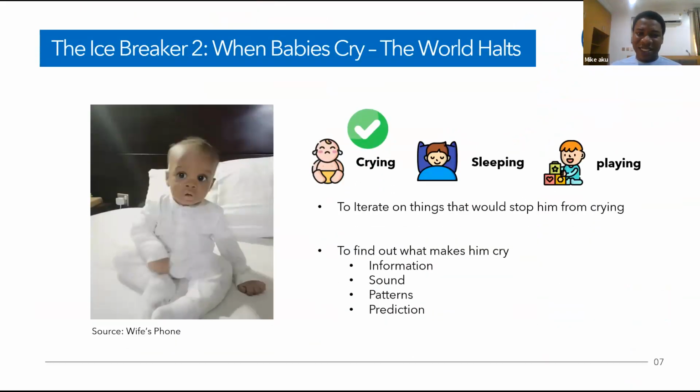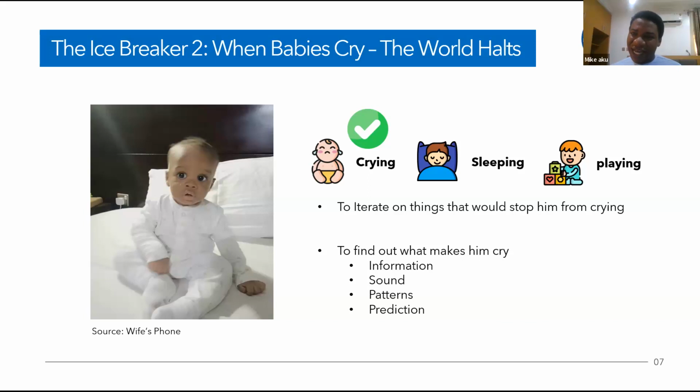The second icebreaker: the picture you're seeing there is copyrighted. It's my son, anyway. One of the challenges about being a first-time dad is that you learn a lot of things. When my son arrived, I was not aware of the kind of world I was going to find myself in. One of the most interesting things that happened was this: a young baby, and then the next thing is crying.